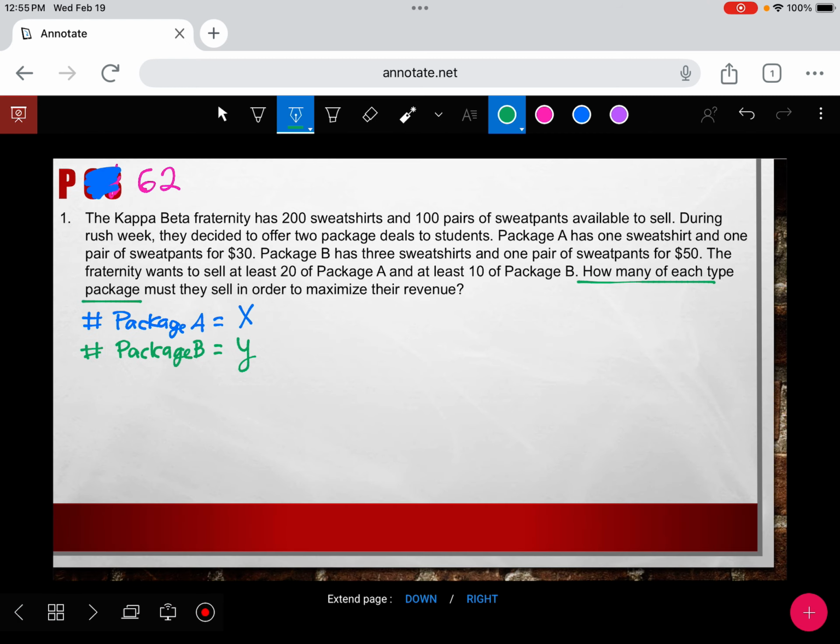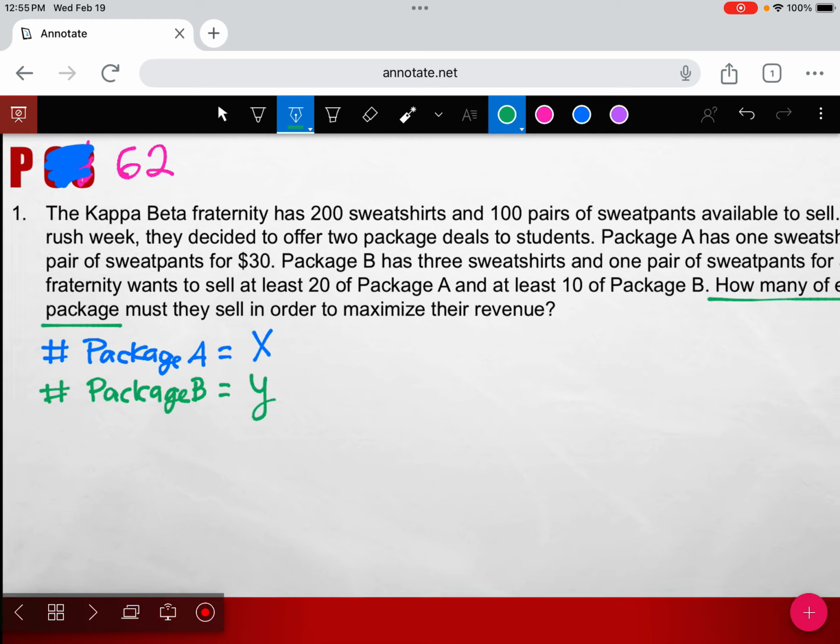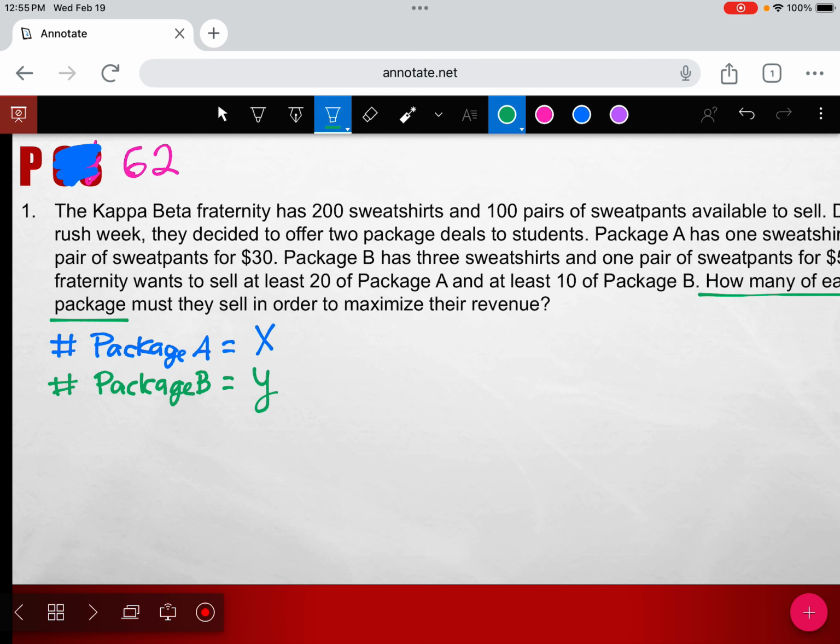So where in here do we find something that we can write an equation about? Let's find things we have groups of. What do we have more than one of in this paragraph? We got the packages.